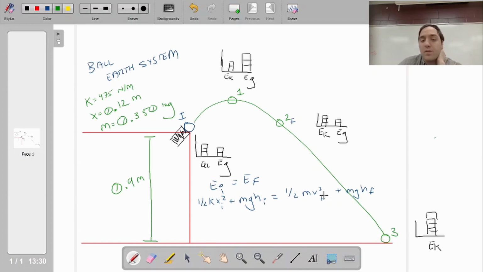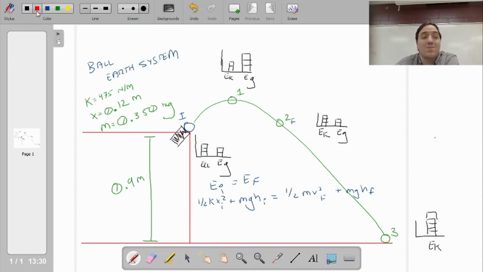So from here, solving for the velocity isn't that hard. I have my k, I have my x, I have my mass, which I just plugged in. g is 9.8. My height is 0.9. It'll be the same in both spots, which means it will cancel out. But again, we're going to go through the math just so we can see that. And I have my mass, which means I can find my v.